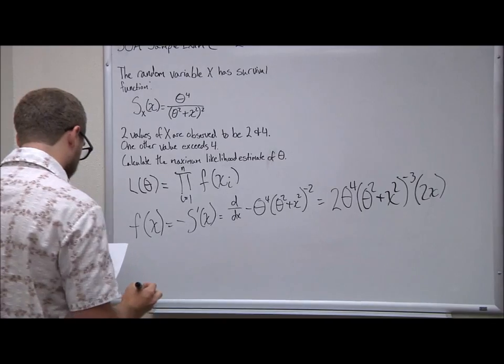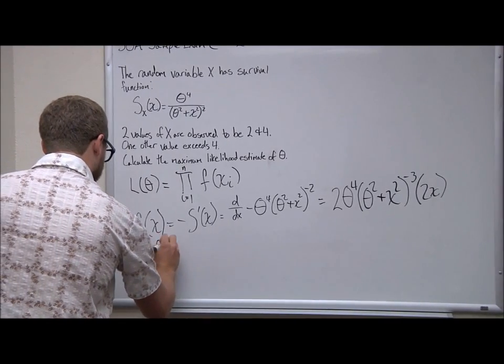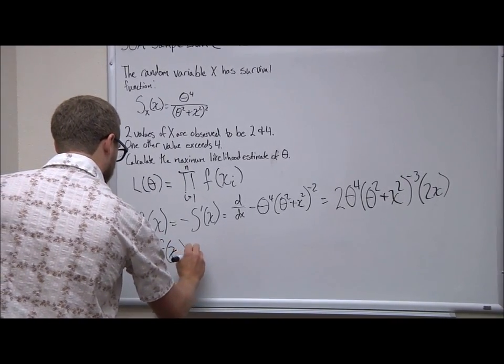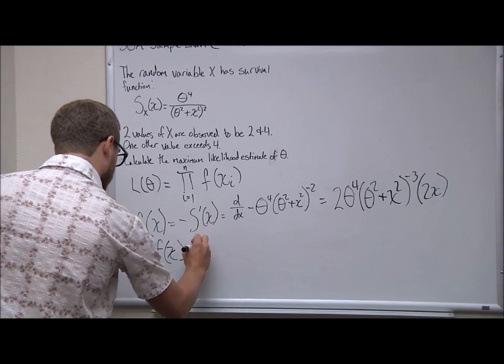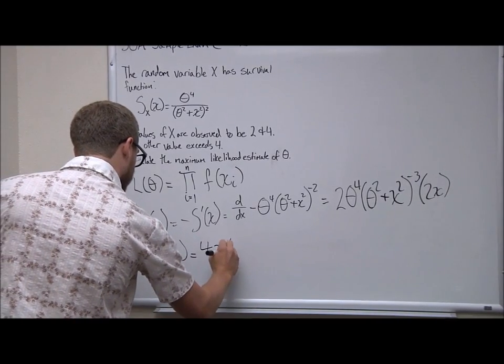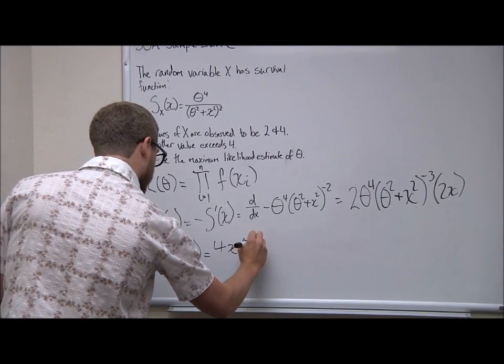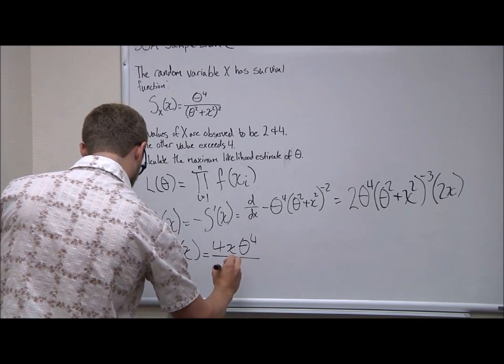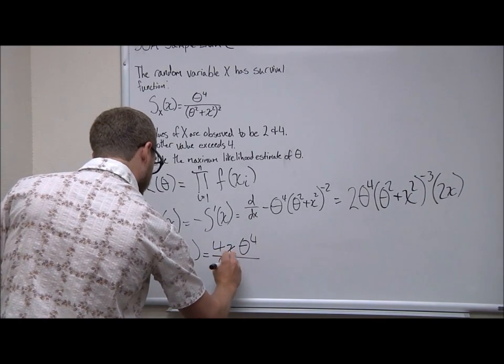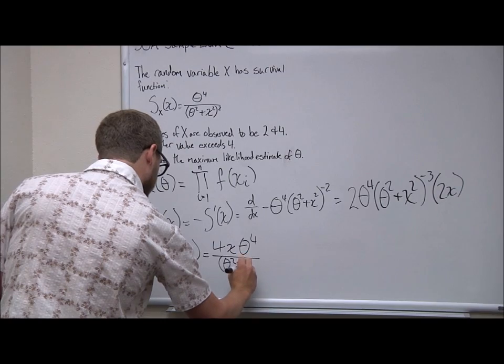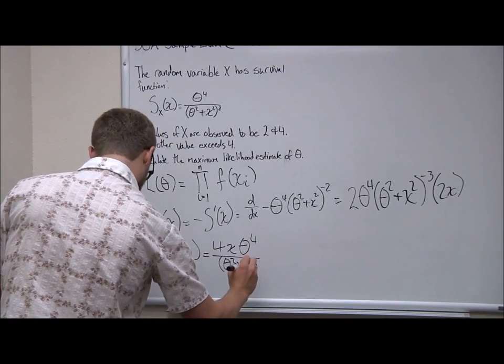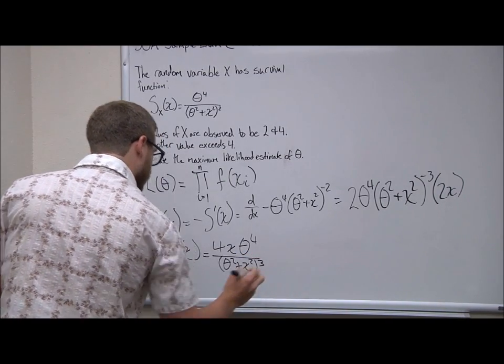So we have that f of x equals 4x theta to the fourth over theta squared plus x squared quantity to the third.